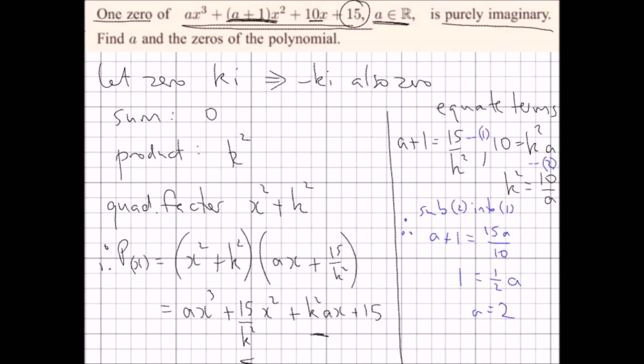Now we need to work out what k is equal to, so I'm going to sub a back into my second equation up here, so sub into number 2, so I get k squared is equal to 10 divided by 2, which is 5, and therefore k equals plus or minus root 5.